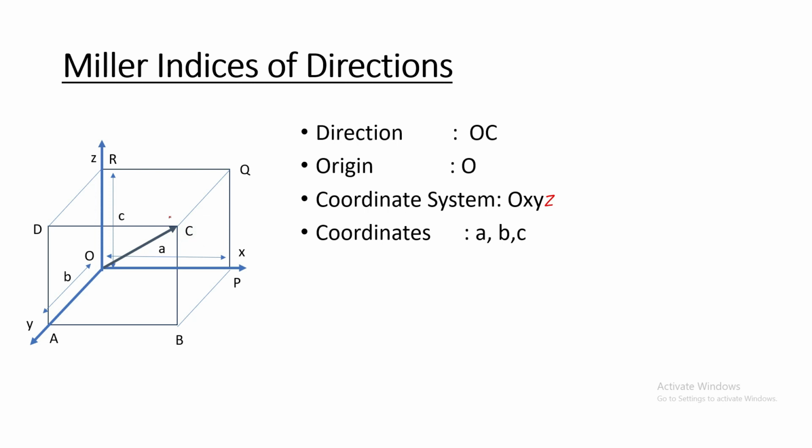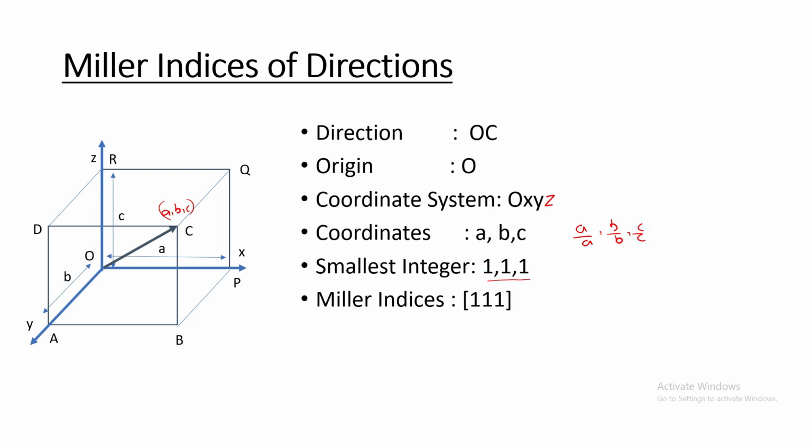The coordinates here are A, B, C. We will divide by the corresponding lattice parameters. You will get 1, 1, 1. These are the smallest integers, and then we will enclose in square brackets, that is [1 1 1]. So these are the Miller indices for the direction OC.